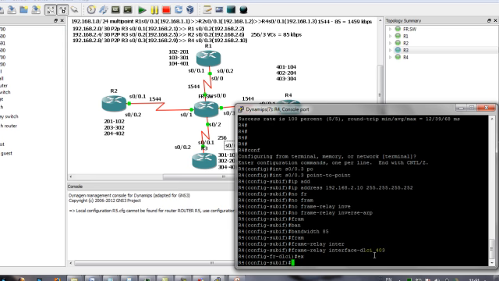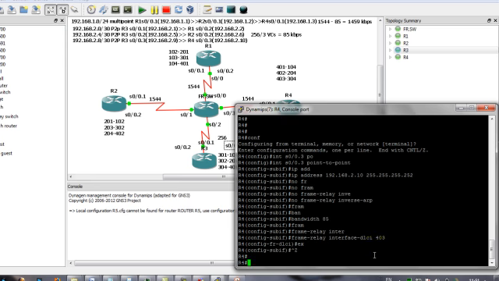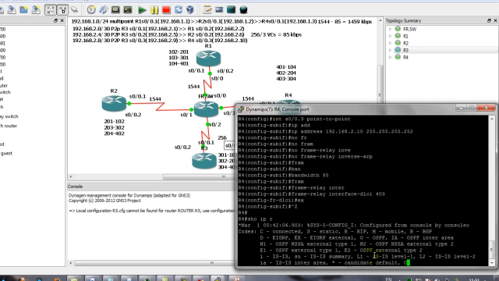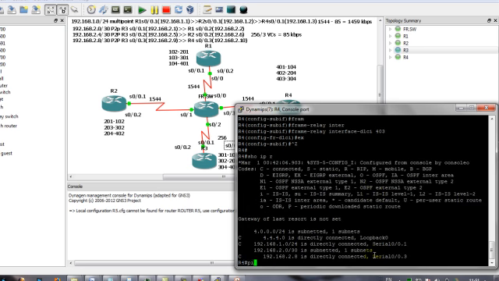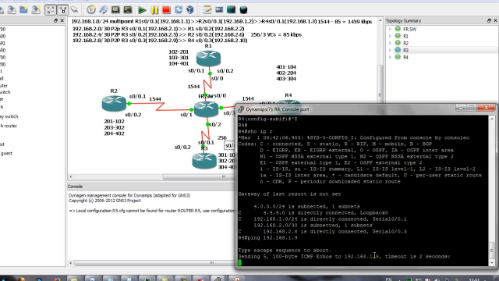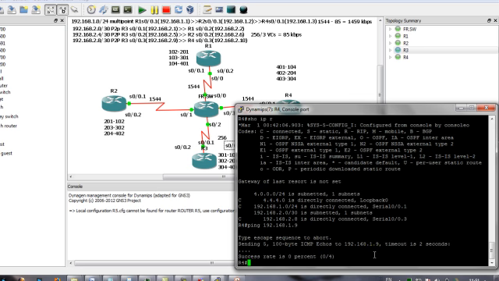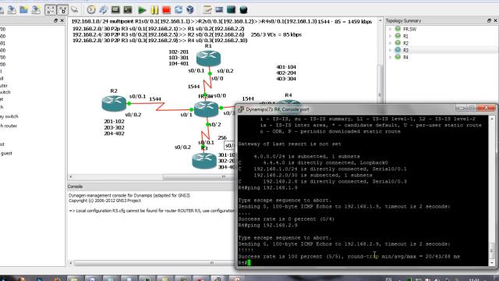So now I think we finished. Show ip route. Now we can ping 192.168.2.9. Yes, that's good.